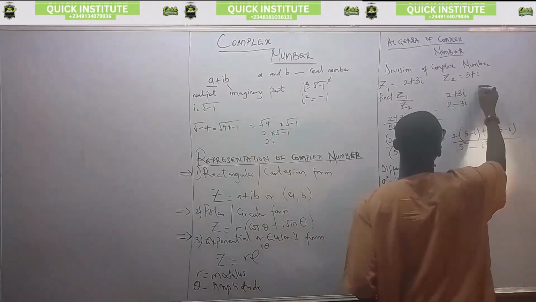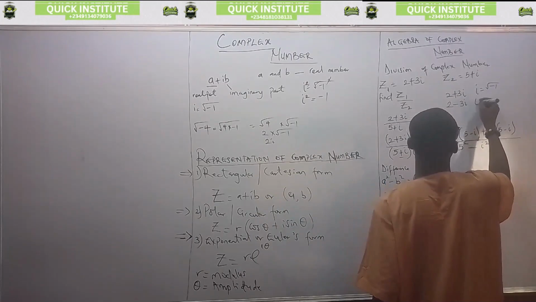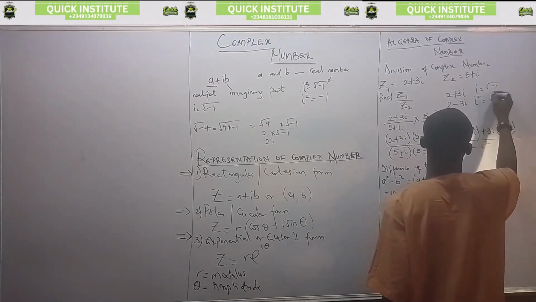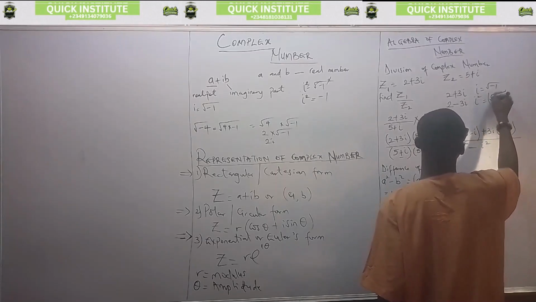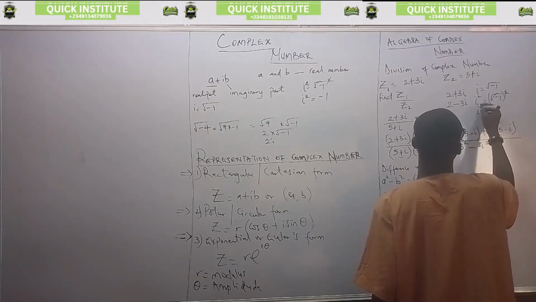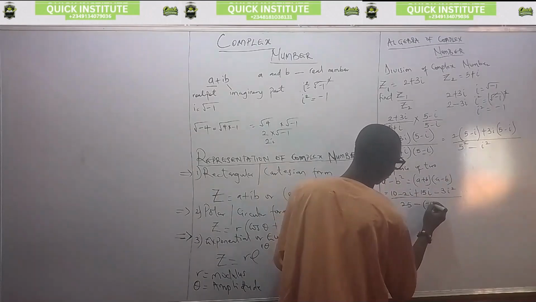Remember I said i equals the square root of minus 1. So i squared will be the square root of minus 1, all squared. So the square cancels the square root. So i squared equals minus 1.